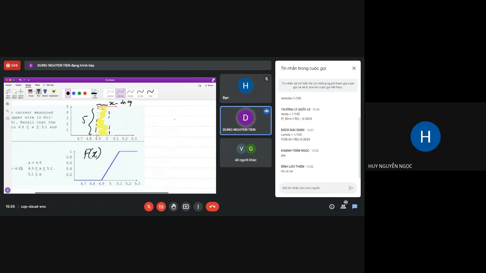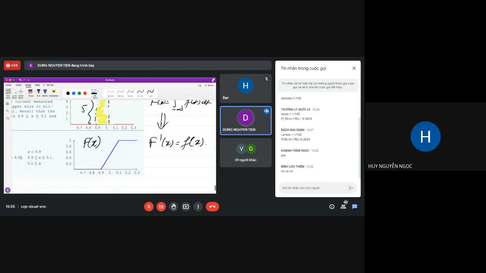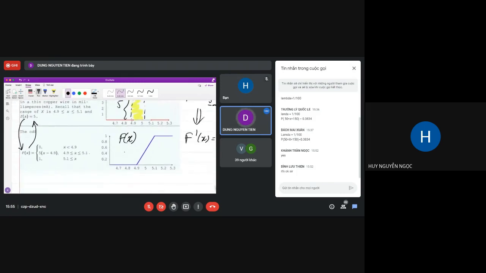The reason is that the capital F of x is the integral from minus infinity to x of the function f(t) dt. So if you want to go back to relative f, you may want to remember the fundamental theorem of calculus, which states that F prime is equal to f of x. Okay, and then you get this one.